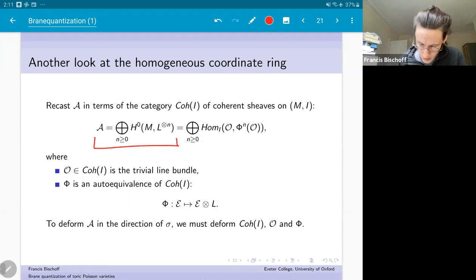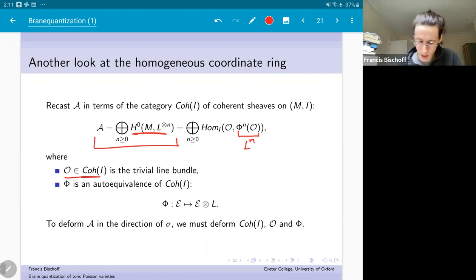I want to view these individual pieces as homomorphisms from O to φ^n of O. Here O is just the trivial line bundle, and φ is an autoequivalence of the category of coherent sheaves, which is given by taking a sheaf and tensoring it with the line bundle L. As a result, φ^n applied to O is L to the nth tensor power. So what we have here is homomorphisms from O to L^n.